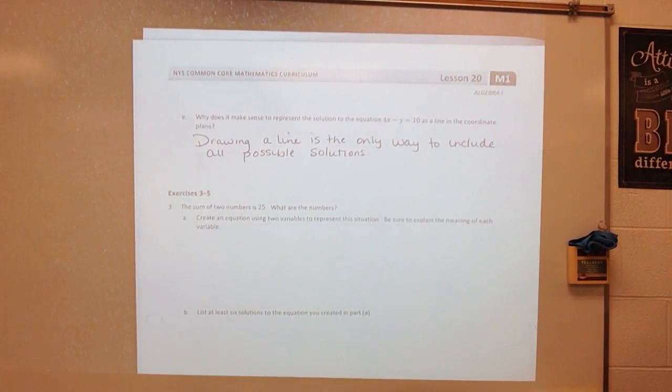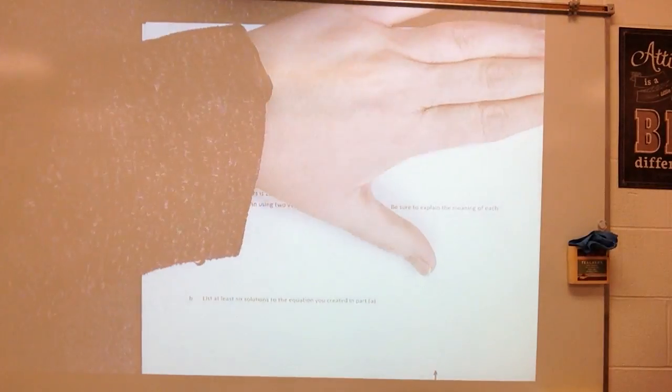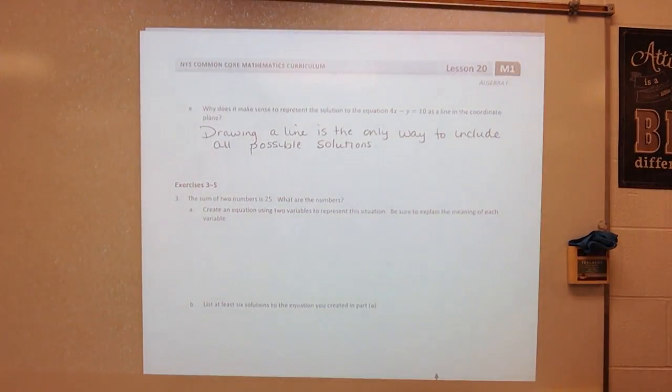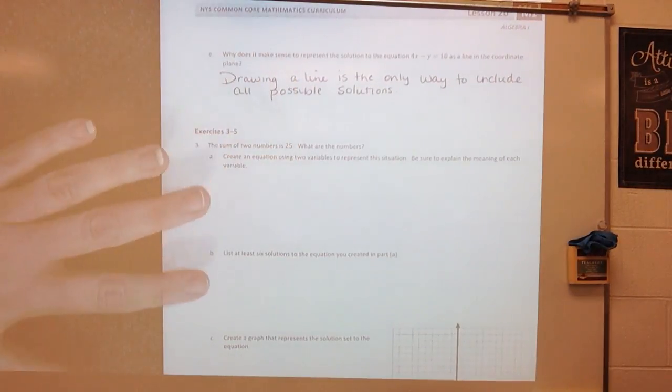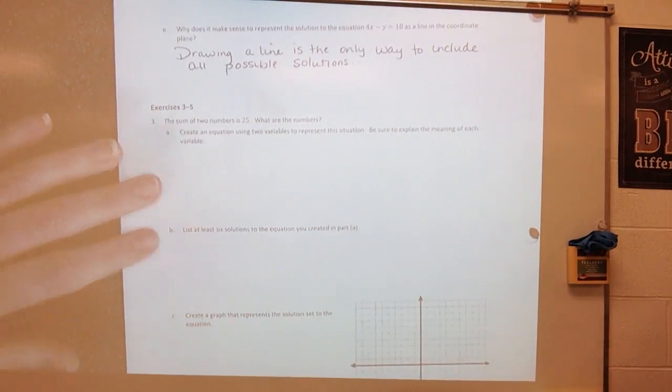Exercise 3. The sum of two numbers is 25. What are the numbers? We have to create an equation using two variables to represent the solution. Be sure to explain the meaning of each variable. We're just going to stick with the normal x and y variables. You can use any variable you want, it does not matter.